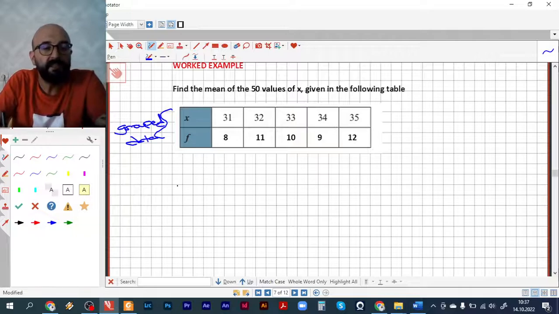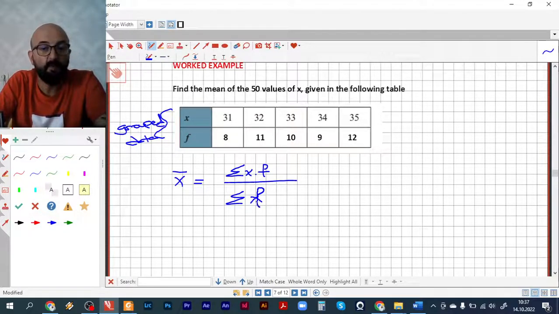So we should compute the mean, which equals the sum of all x multiplied by frequency over the sum of f, or frequency.